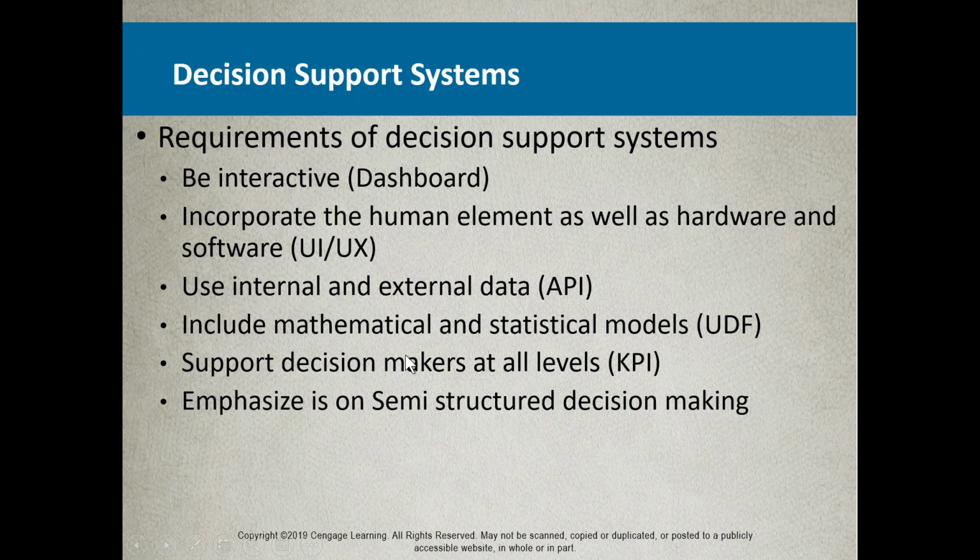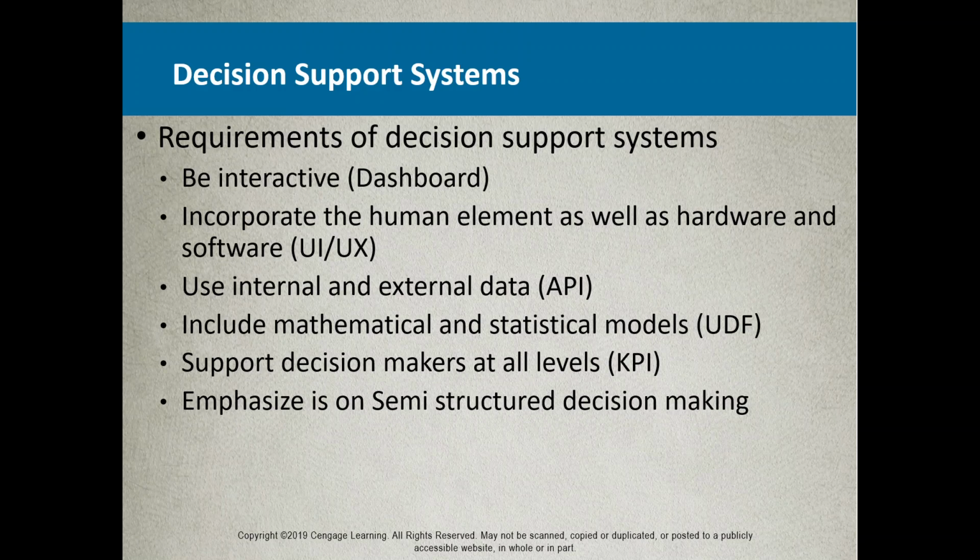Support decision makers at all levels. This is not just strategic, it's also tactical and operational that are supported in these decisions as well. And emphasizes semi-structured decision making. So a decision support system, because there's a lot of data analysis, this would be a good quiz question: what type of decision structure is a business support system or decision support system actually?